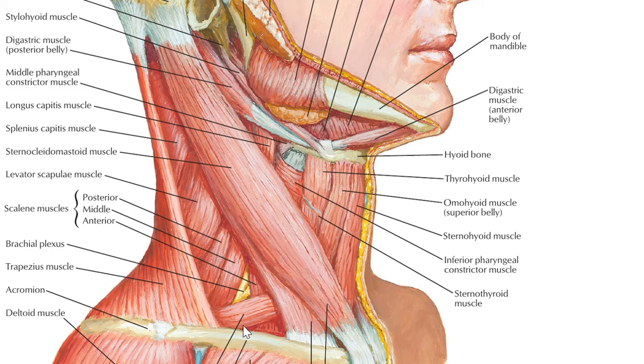This small triangle is called the omoclavicular triangle. Why omoclavicular triangle? Because this triangle is present between the inferior belly of omohyoid muscle and the clavicle.